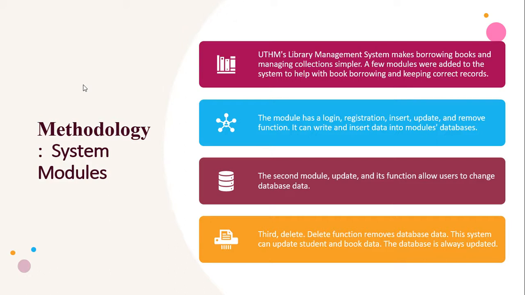The third module is to delete a certain record by its ID from the database. The system can update students and books data, to make sure that the database was updated.